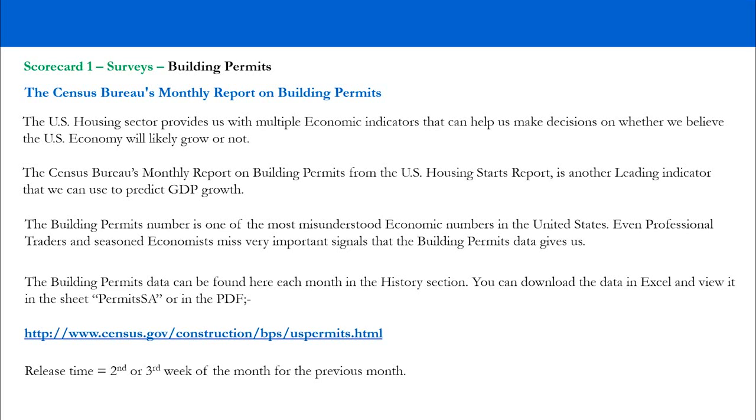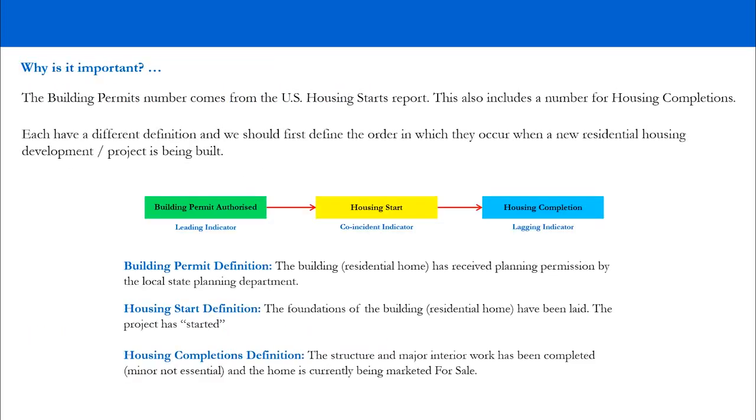And because this number is quite widely misunderstood, that's why it's so useful, because it does predict GDP in the future with a very high level of confidence. And because it's so misunderstood, it's not widely looked at as much as the others. And this is how it's useful.